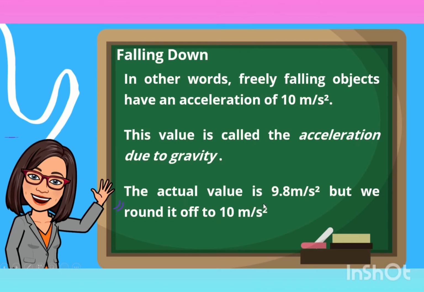The actual value is 9.8 meter per second squared, but we round it off to 10 meter per second squared for convenience in computation. Mas madali natin makakompute kung 10 yung gagamitin natin. But remember, the actual value is 9.8 meter per second squared.